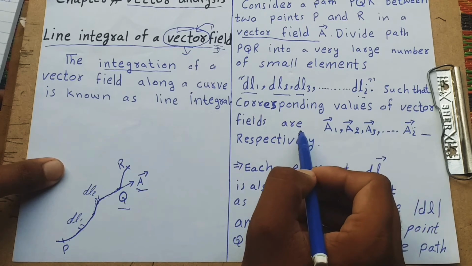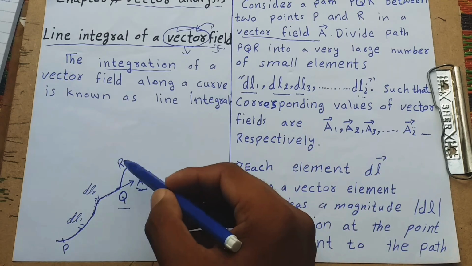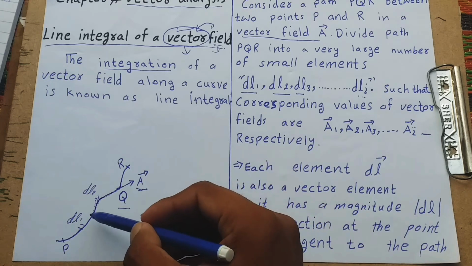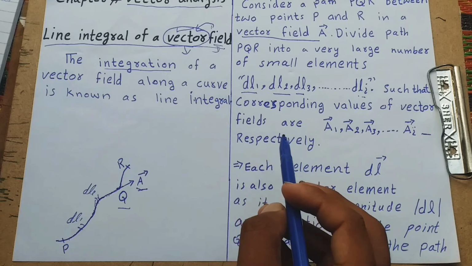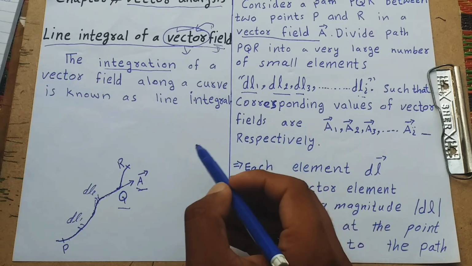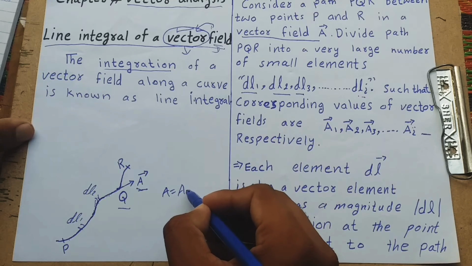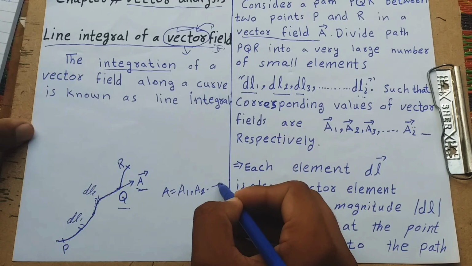Then we divide the path into small patches like dl1 and dl2. Then we also need to divide the vector field into small parts a1, a2, and so on.